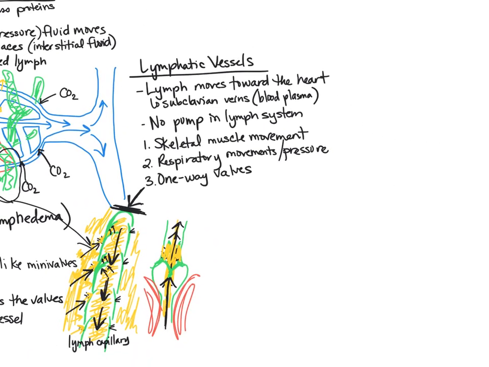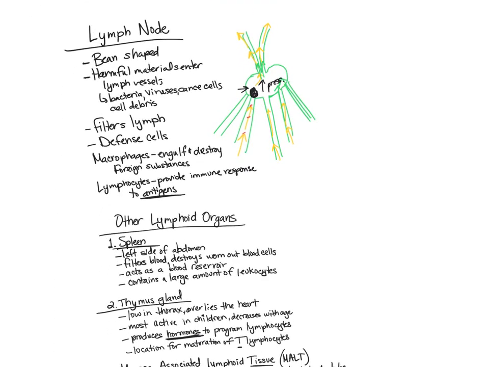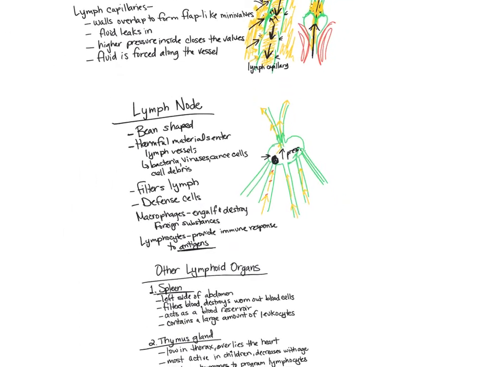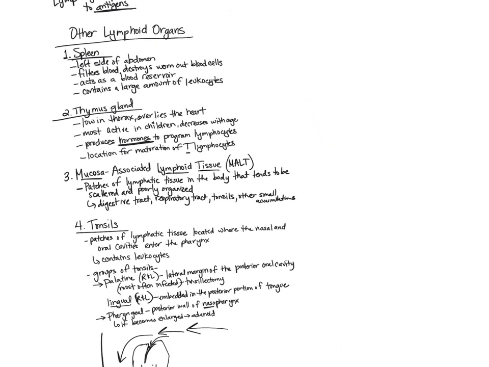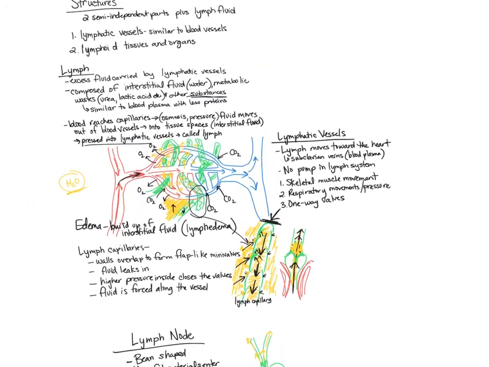We talked specifically about the vessels and how we move the lymph up to the subclavian veins. Remember, the lymphatic system does not have a pump. We talked specifically about the lymph node, and then we talked about the other lymphoid organs, the spleen, the thymus gland, the mucosa-associated lymphoid tissue, or MALT, and then the tonsils specifically. So that summarizes our lymphatic system.